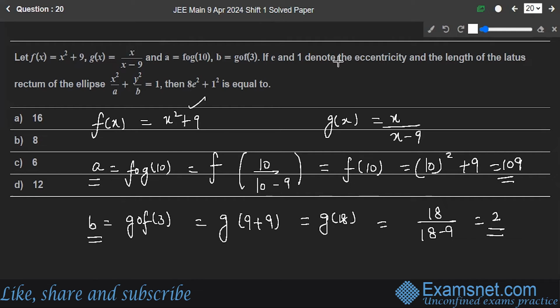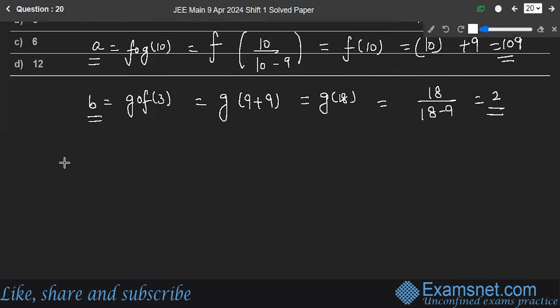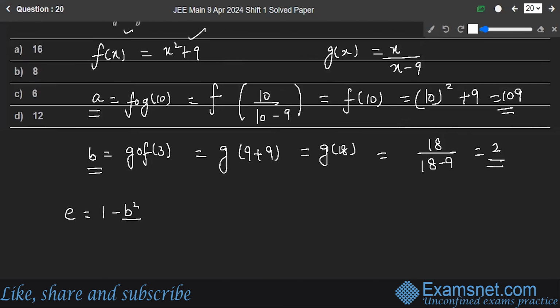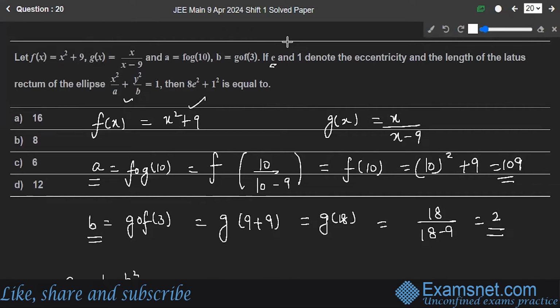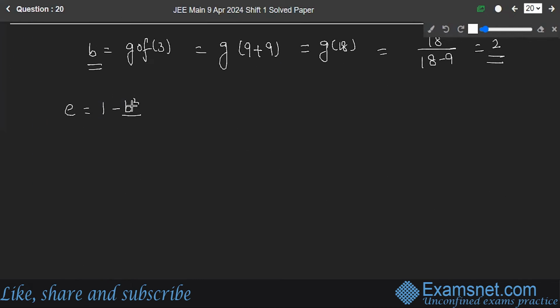Okay. Now you are given e is the eccentricity for this hyperbola. Let's rewrite the equation of the hyperbola first.